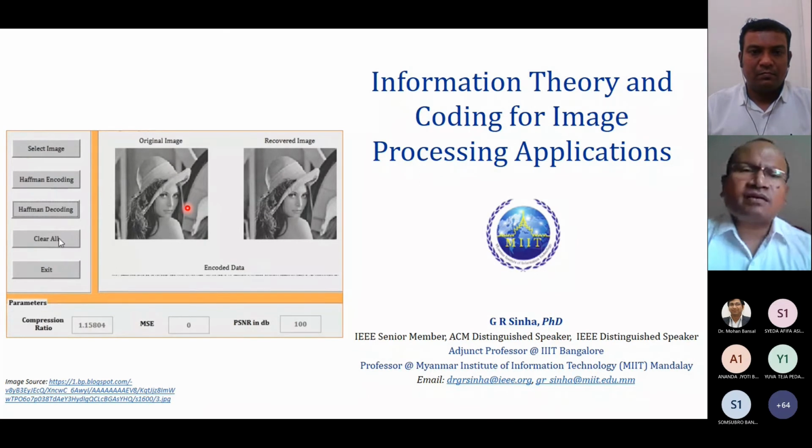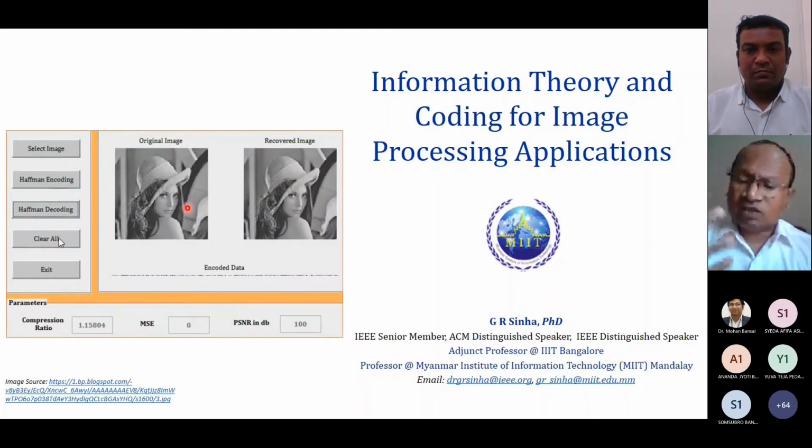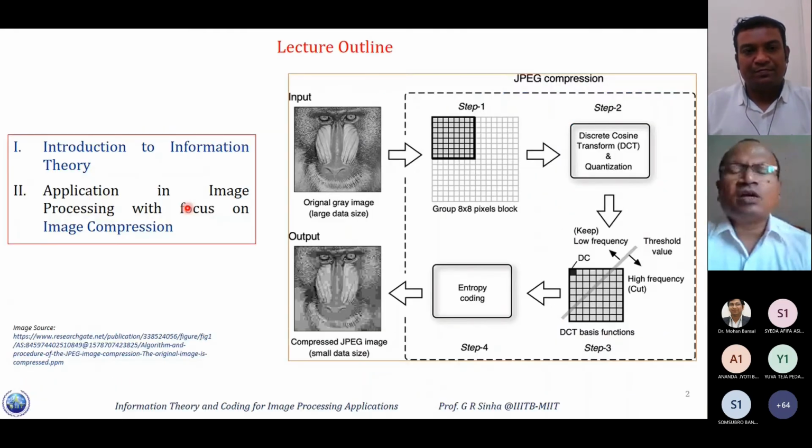And the data is a big challenge. In the entire huge data, the meaningful information is there in the whole data set, so it's very difficult to know and represent your meaningful data. And therefore, information theory and coding plays a very important role.